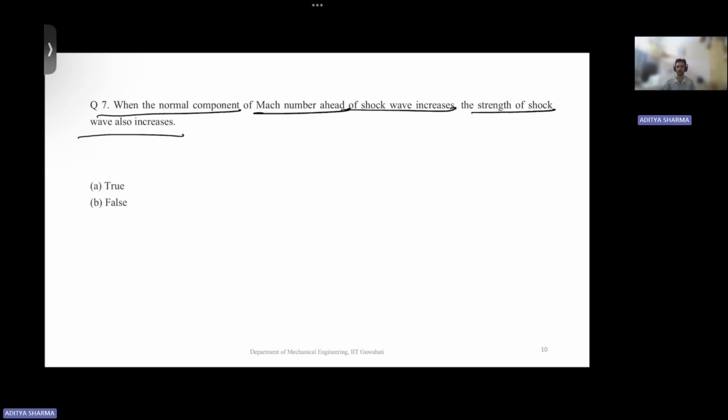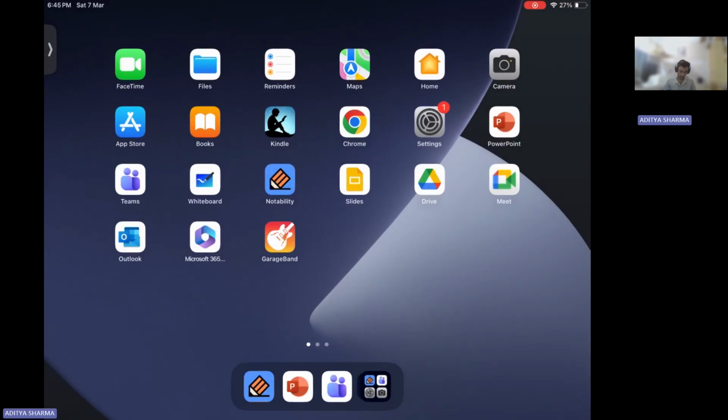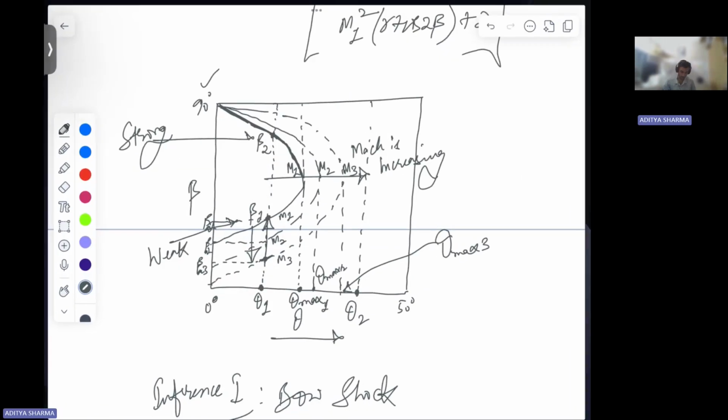So is that correct or not? So now what is this normal component?